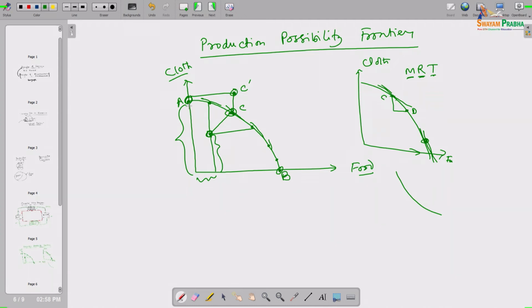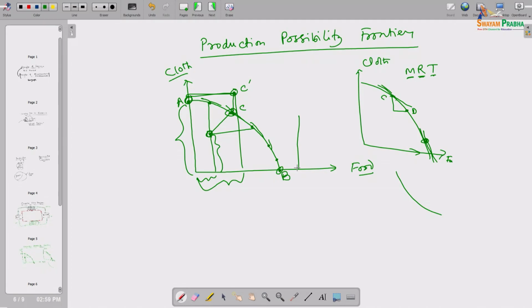this point C dash has the same amount of cloth but also some positive amount of food, right. That is not possible at all, because the society has an entire resource vector, and if it can fully and efficiently utilize that resource vector, it can only generate point A. So if it wants to produce some food, it has to extract some resources from cloth production and employ them in food production.